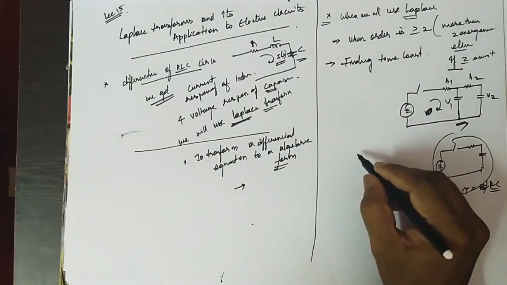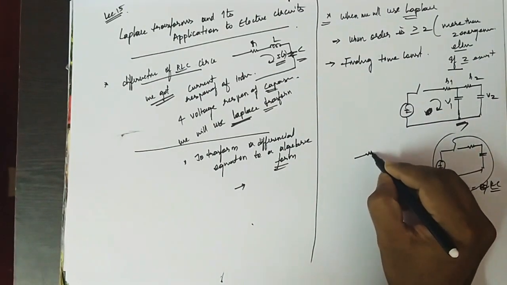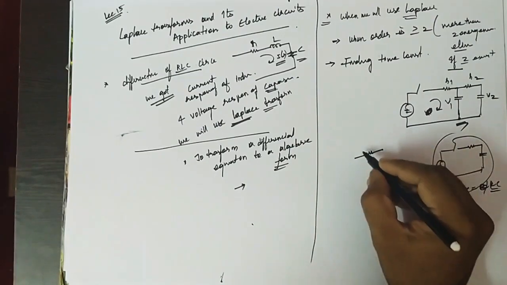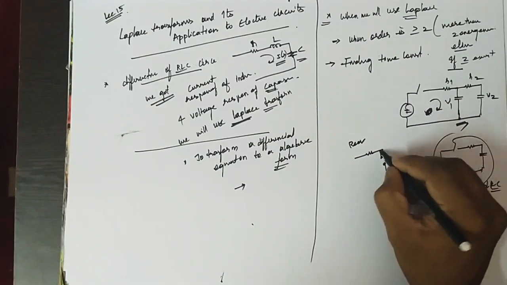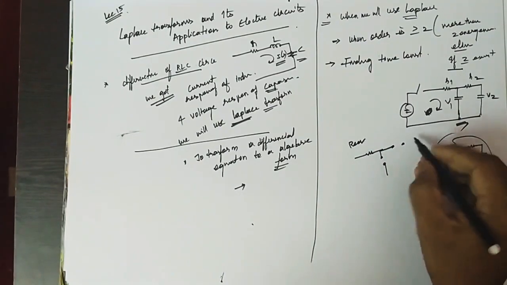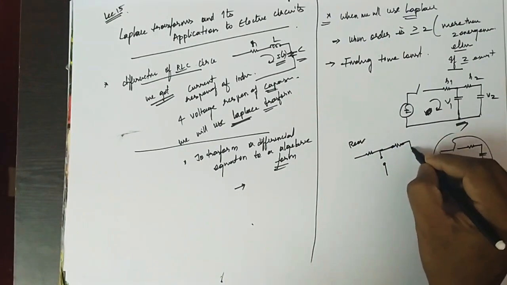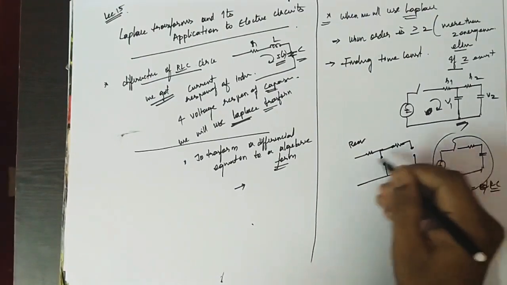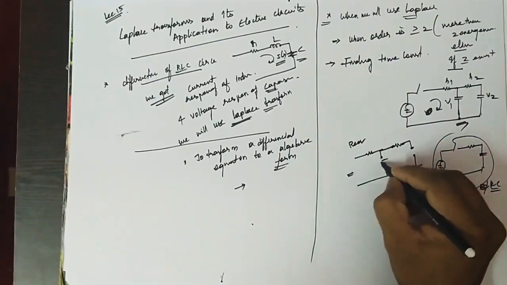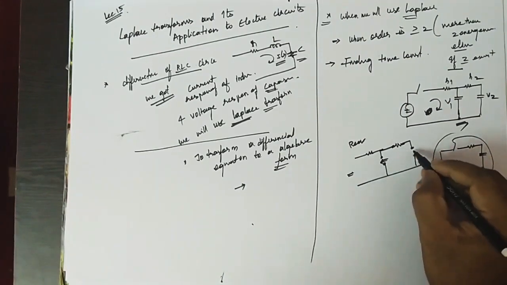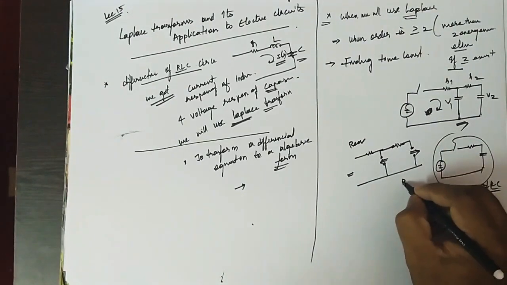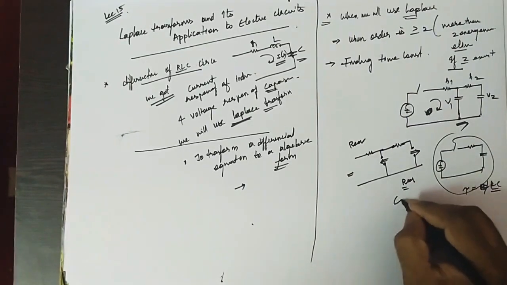For this circuit, you cannot directly find the time constant. To find the time constant, what should you do? For finding R equivalent, you need to open this. But you cannot find it here. The possibility of finding R equivalent is not there. Similarly, C equivalent is not possible.